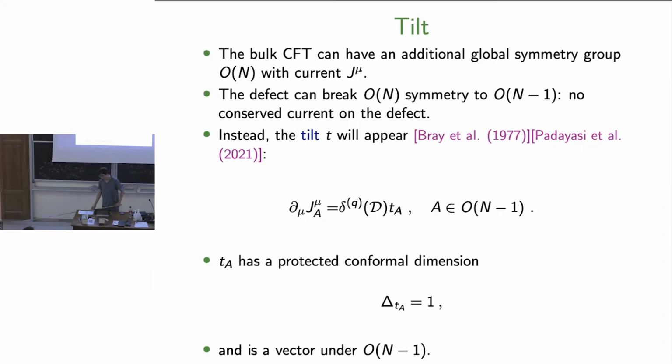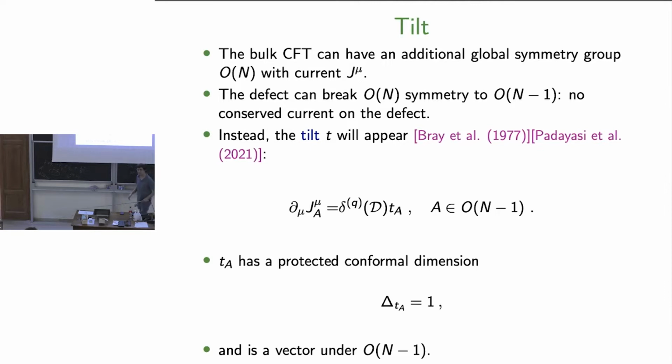Yeah, of course. And you can also consider different sorts of symmetry breaking. You could consider some O(M) theory that is breaking to some O(N). So you can have a lot of tilts, or you can have zero tilts. That's an important thing. For this talk, I'm going to focus on this particular symmetry breaking pattern. We're going to be even more specific because the title says O(2). So in this talk, we're only going to consider O(3) to O(2).